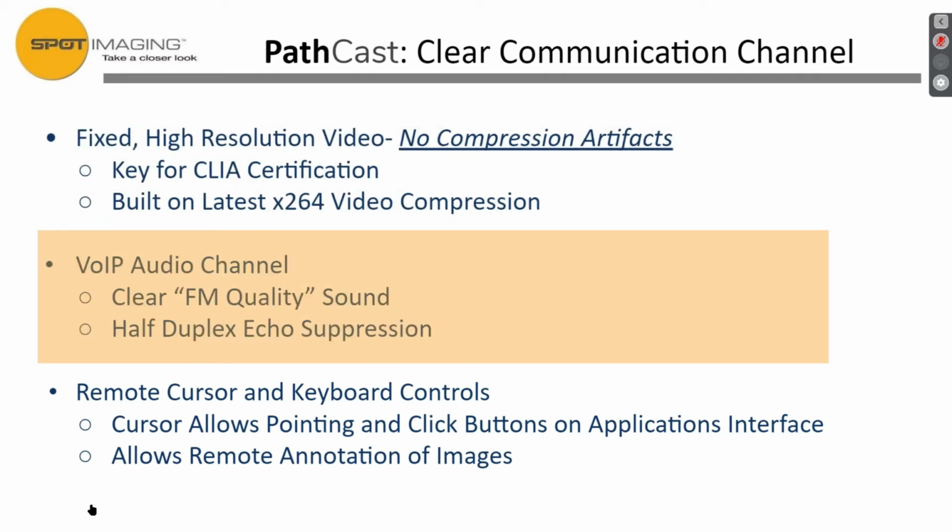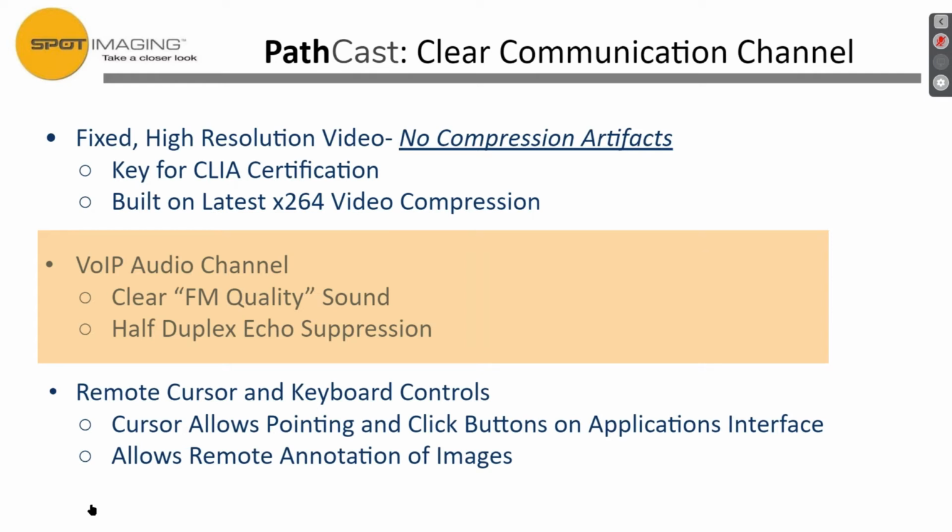Secondly, we provide a voice over IP audio channel. So as soon as you connect, you're talking through, if you have a headset or if you have a desk speaker microphone, you're using that. The bandwidth of our channel provides you with great FM quality type of sound, and we build in what's called half duplex echo suppression so that you don't get feedback between your in-room to the other room.